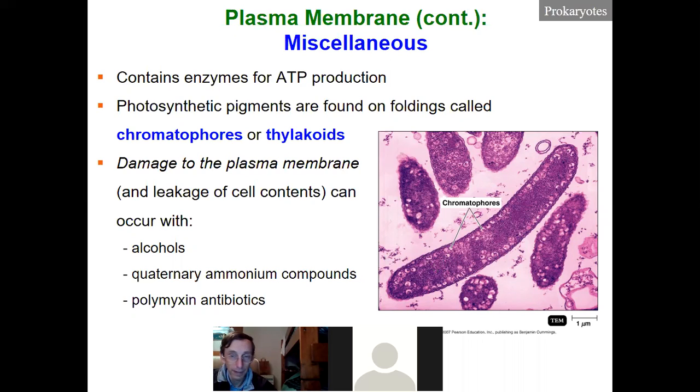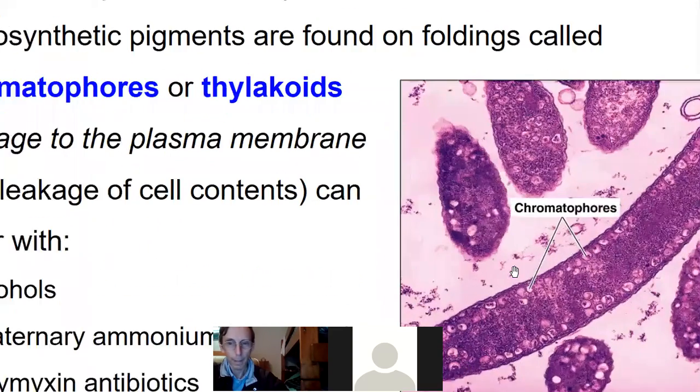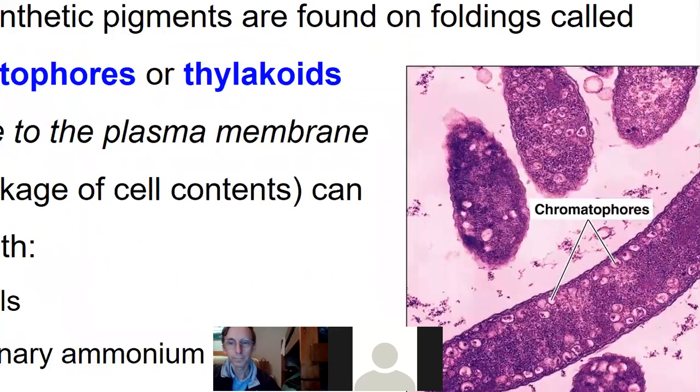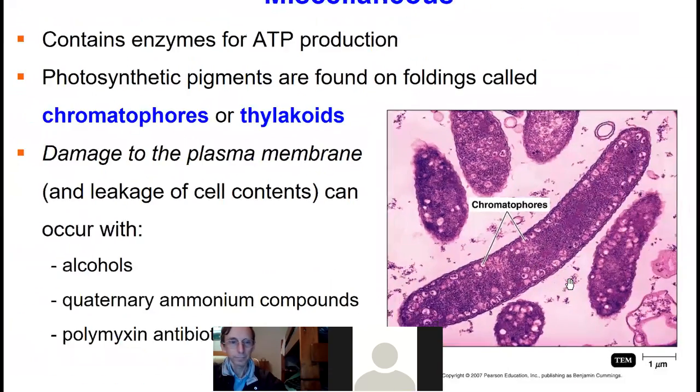They have foldings called chromatophores or thylakoids in the cell membrane in order to get their photosynthesis done. I'm trying to show you that here. Let me blow that up a little bit. And so that's part of the cell membrane, and it's just folded. Any question about any of that?